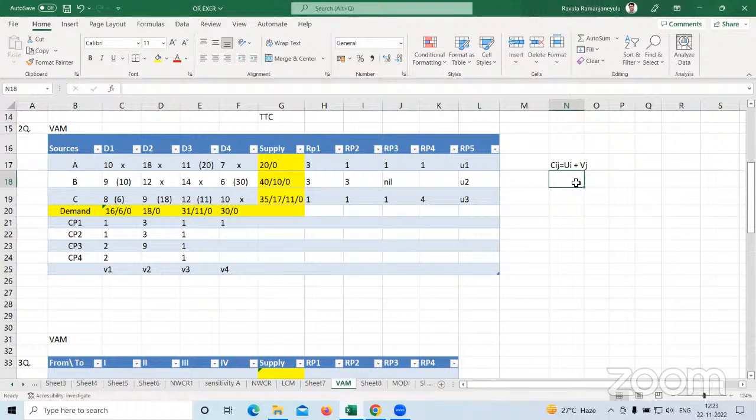For the unoccupied cells, we check whether we get a positive or a negative value.